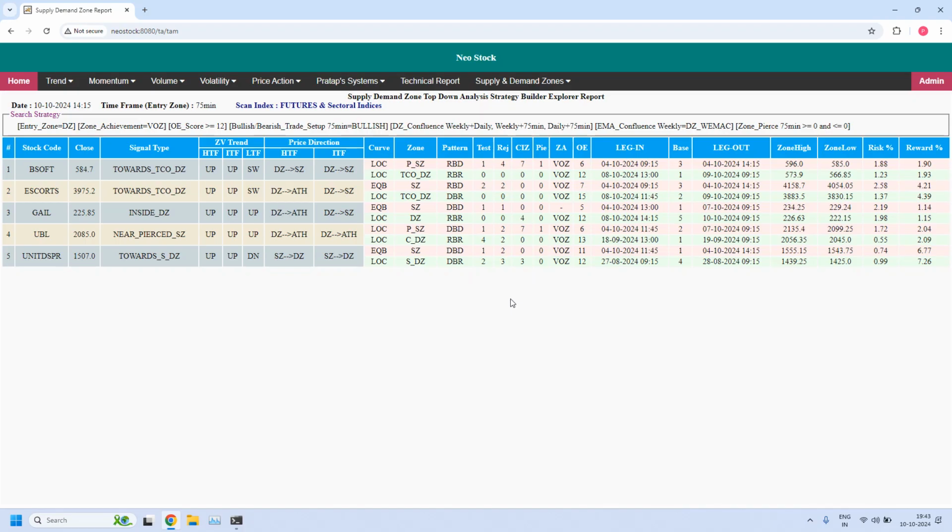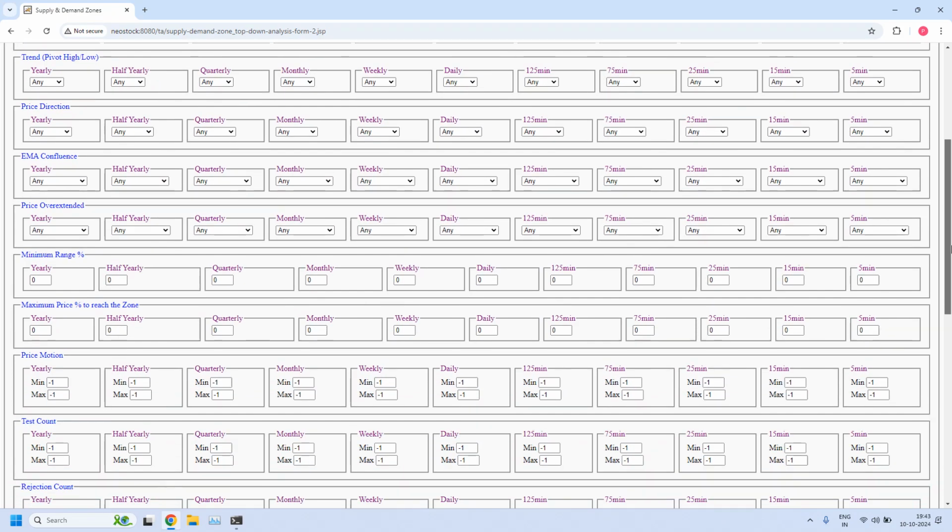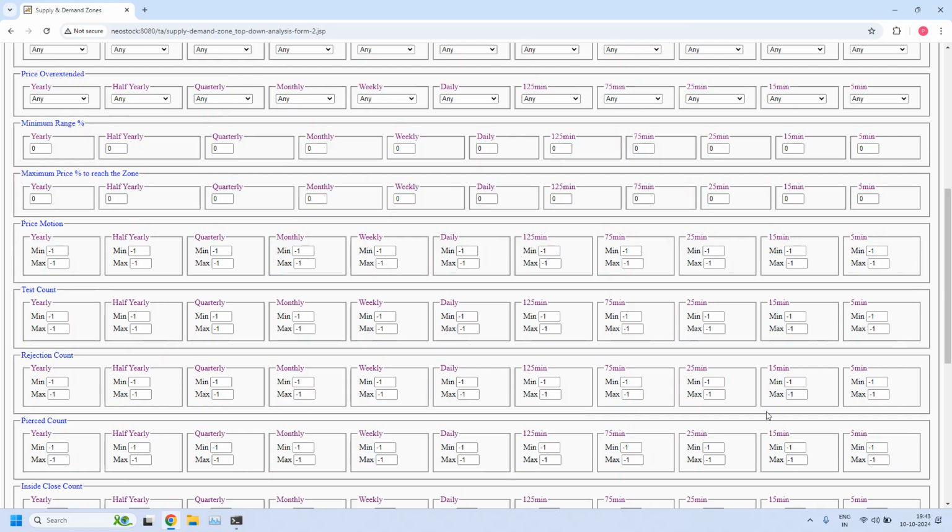Next, bearish trade setup for weekly income trade. Entry time frame 75 minutes, entry zone supply zone. In bullish or bearish trade setup at 75 minutes, I am selecting bearish. Pierced count at 75 minutes time frame, I am setting minimum value 0, maximum value 0.